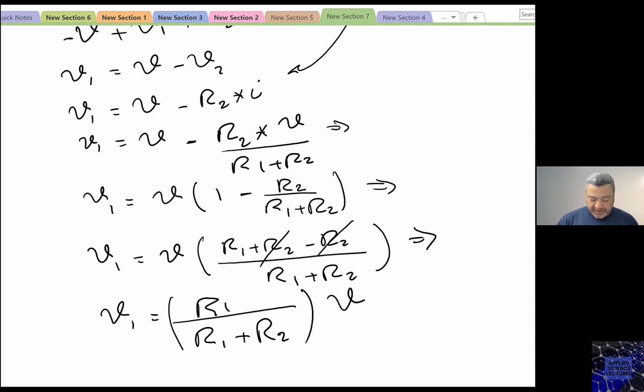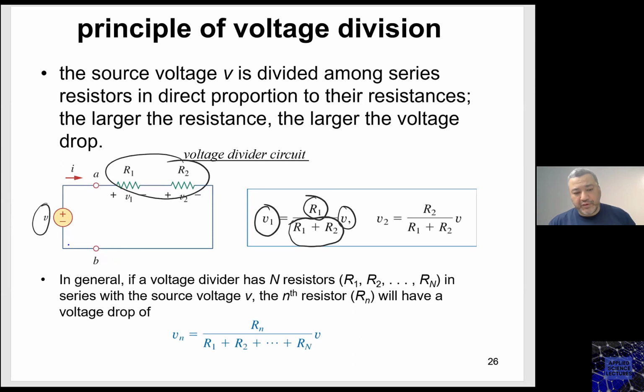So this is the voltage division, and it's helping me in saving some time when it comes to calculating the voltages right away by knowing the resistances, which basically ends up to be the ratio of this resistance that I'm interested to find the voltage drop across to the total resistance that is making the equivalent resistance.